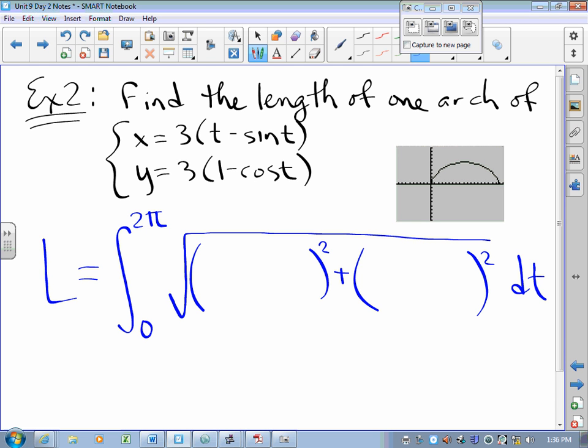Well, dx dt squared is 3 squared times the derivative of that thing, 3 times 1 minus cosine t, squared. Then dy dt is 3 times the derivative of negative cosine t, which is positive sine t.